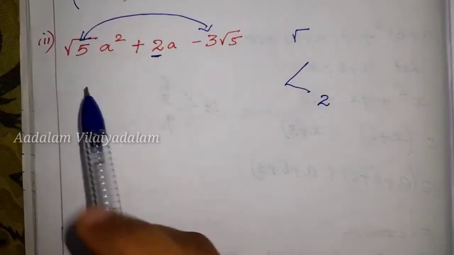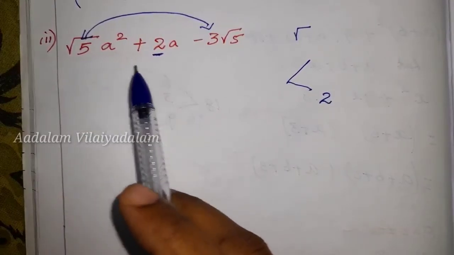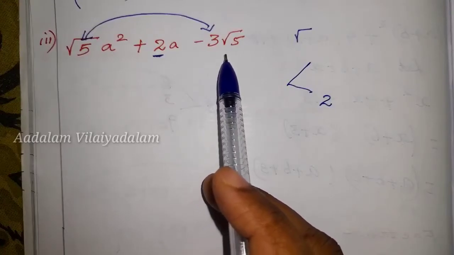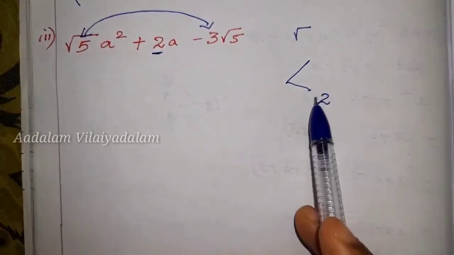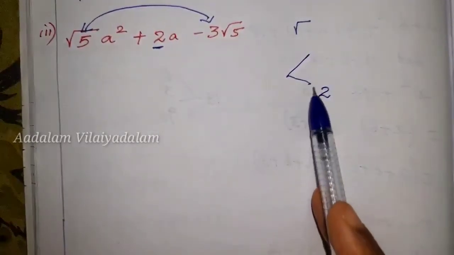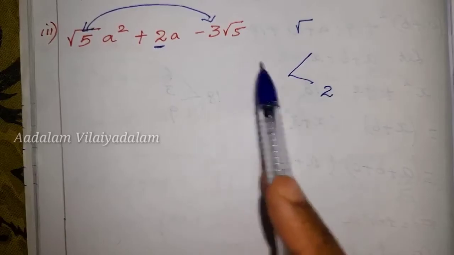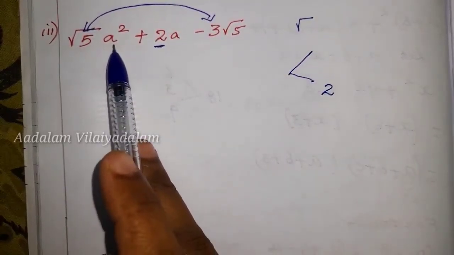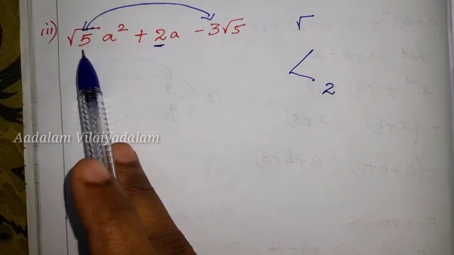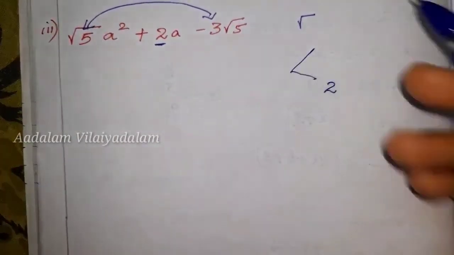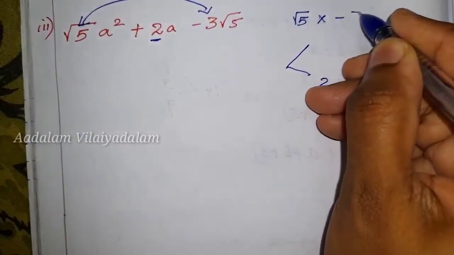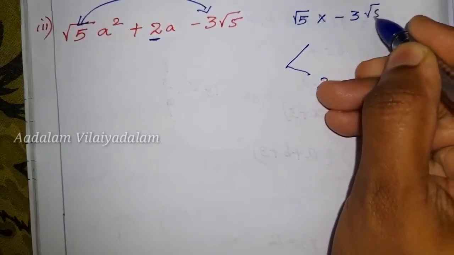Third question: √5a² + 2a − 3√5. First identify the sum of the factors, that is the coefficient of a. Here the answer is 2. The product of the factors is the coefficient of a², which is √5, times the constant term, which is −3√5.